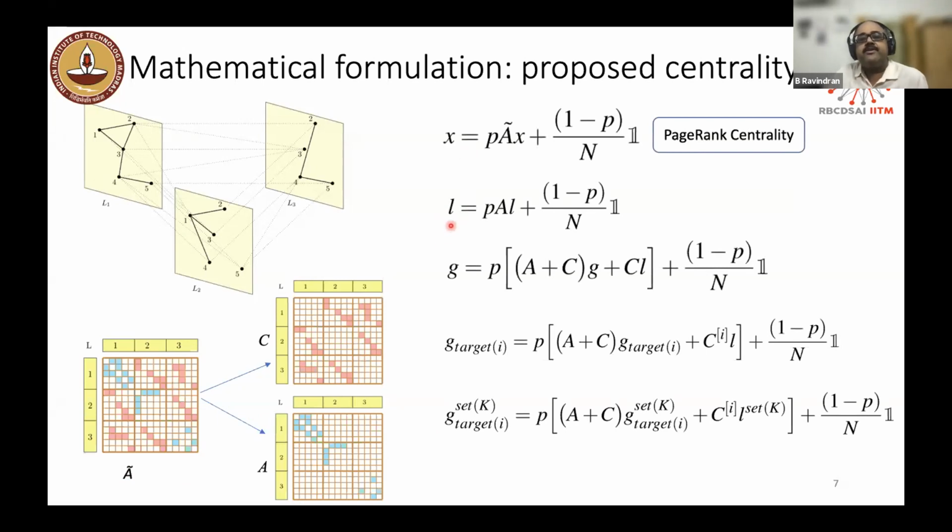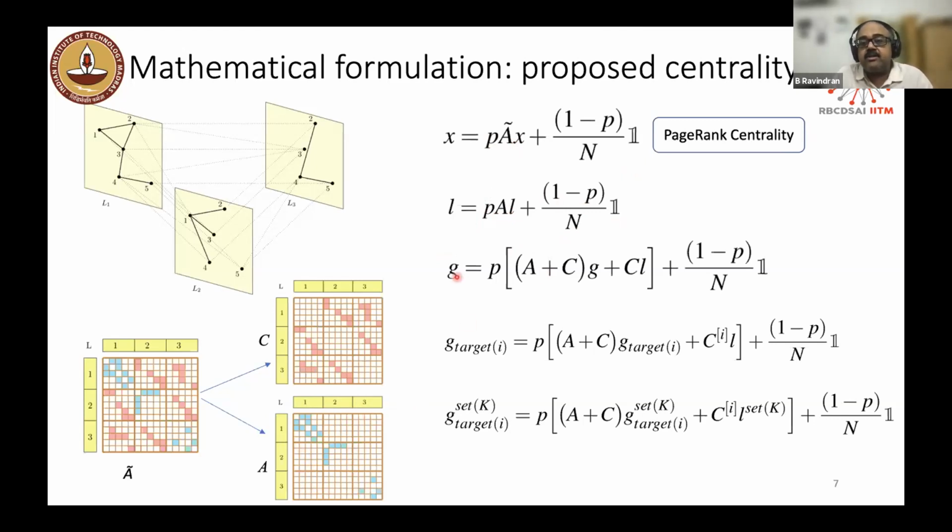The first one that we introduced was the local centrality, which is essentially a version of PageRank. This is the equation for PageRank, where P is the rank of the node, and X is the ID for the node, and the steady state of this equation gives you the PageRank. Likewise, you have the local centrality, which is like PageRank but defined only on the intra-layer nodes.